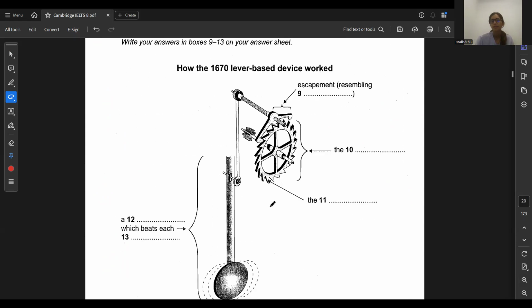Okay, let's move back. Escapement, resembling an anchor, first of all. This seems to be the teeth they were talking about, right? So this is the wheel, and this was the teeth or tooth, I mean, just symbols for the tooth.